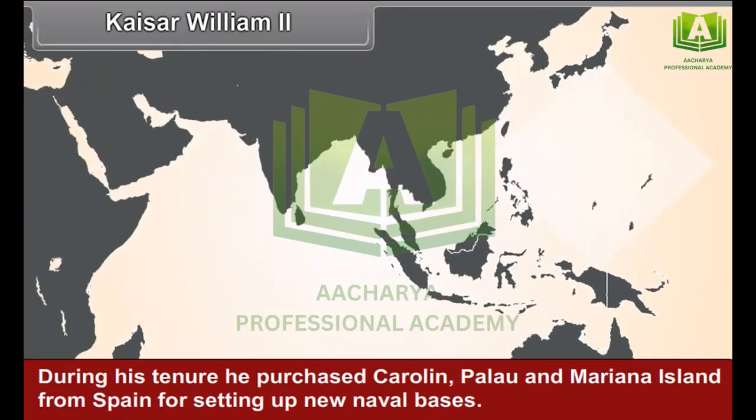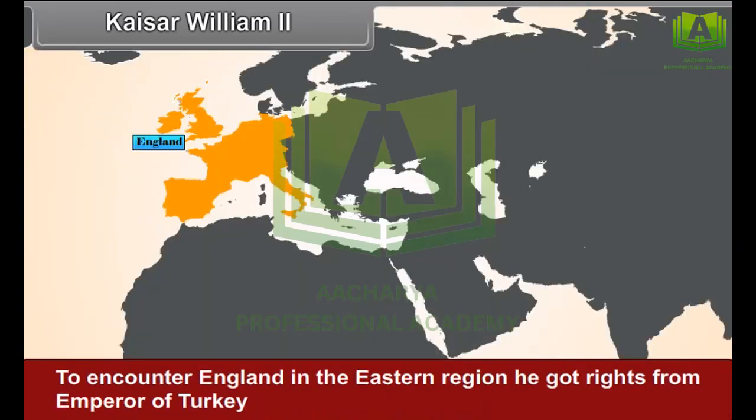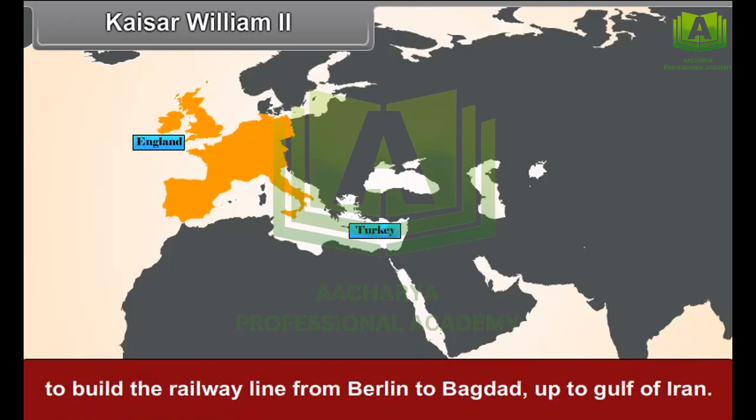During his tenure, he purchased the Caroline, Palau and Mariana Islands from Spain for setting up new naval bases. To counter England in the eastern region, he got rights from the Emperor of Turkey to build a railway line from Berlin to Baghdad, up to the Persian Gulf.